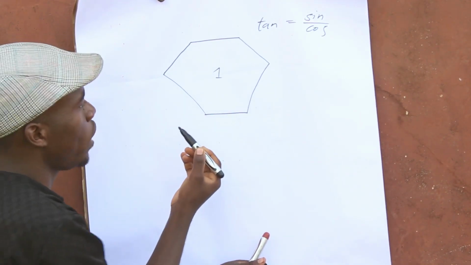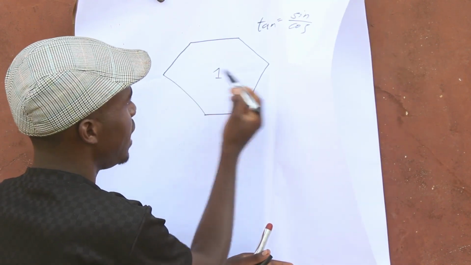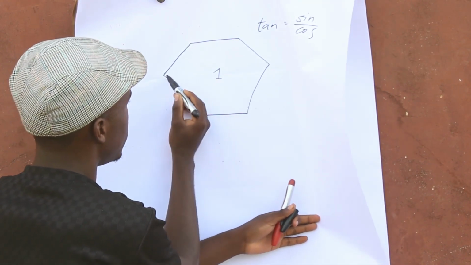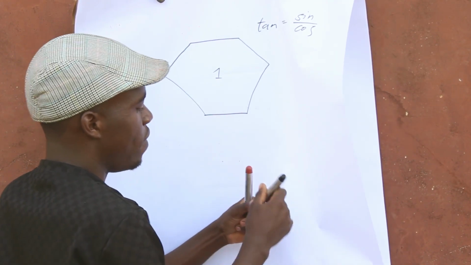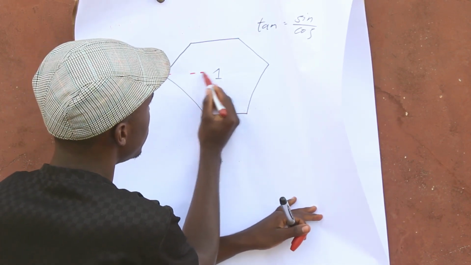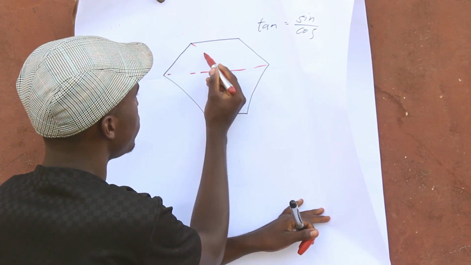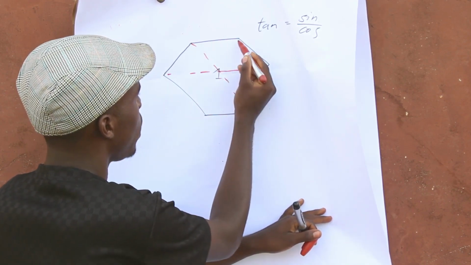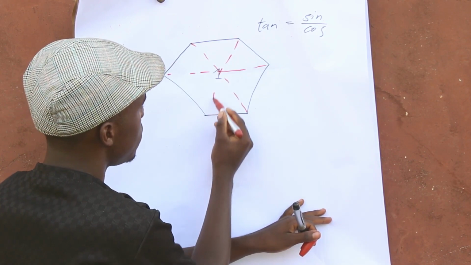After that, you connect the opposite vertices with a line. Like this one is opposite to this one here, this one is opposite to this one here, and this one is opposite to this one here.